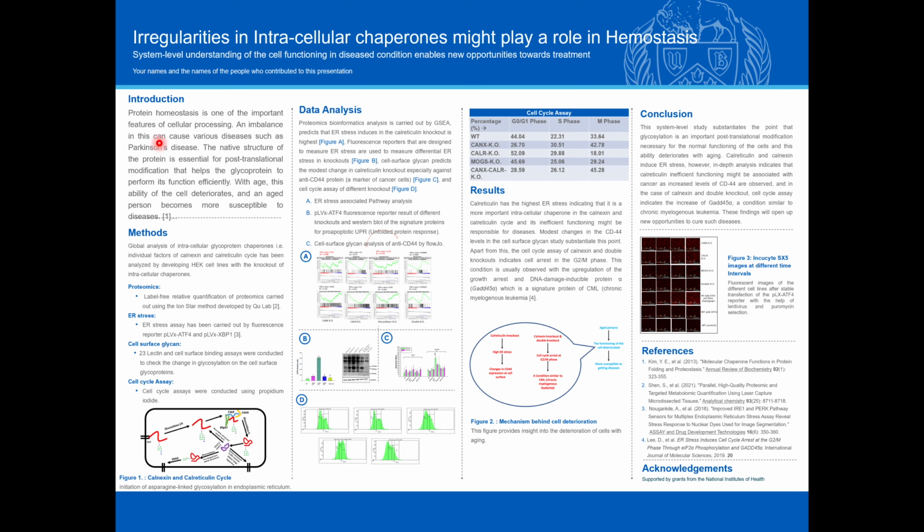This Parkinson disease is usually found in aged persons. So it has been found that with age, cellular functioning gets affected, and the cell is not able to perform its function properly.